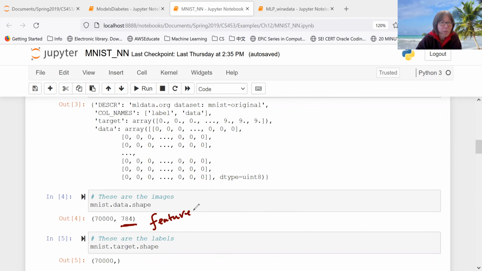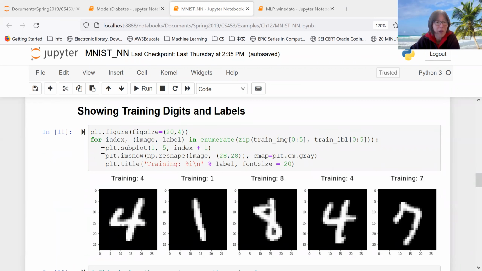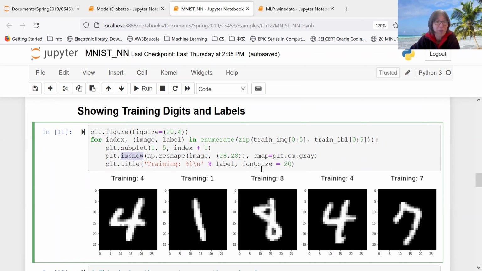And previously, in our earlier chapters, we can also show the image using pyplot. But in this case, you need to reshape the data, because it's 784, but to show it you need the 28 by 28 pixels.